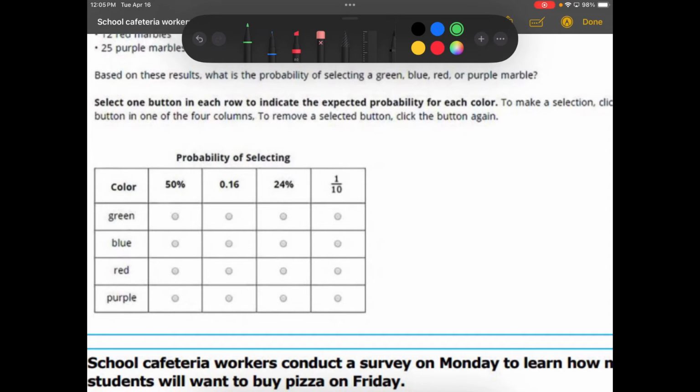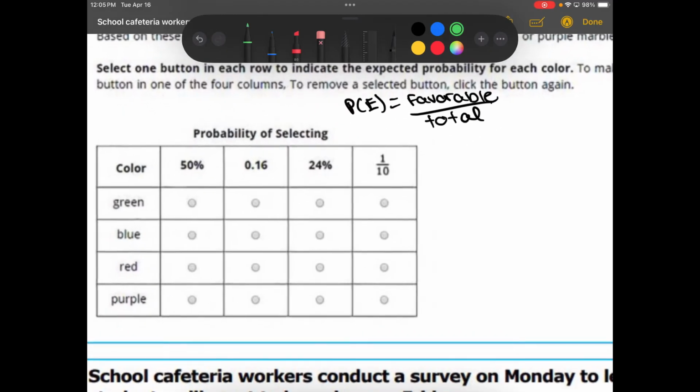We are using the same P of E equals favorable over total. We're still using that same formula. So let's start with the color green. What is our total? What is our total times that we did the experiment? 50. That is your denominator. How many times, according to his experiment, did he get the color green? 5.